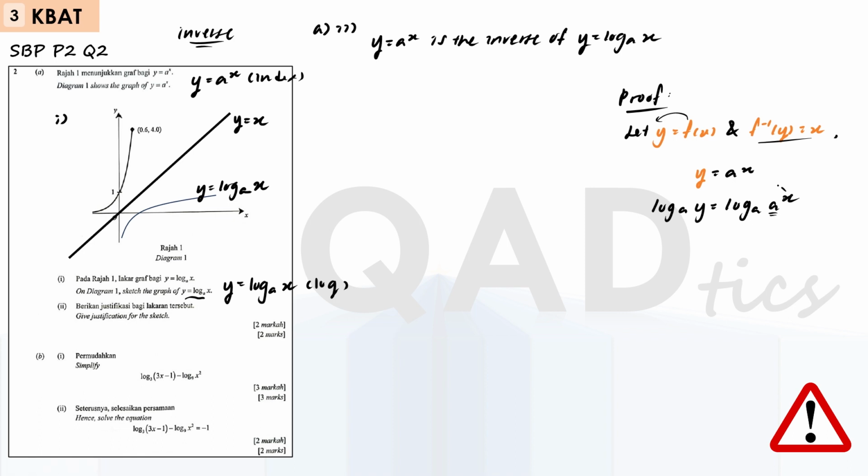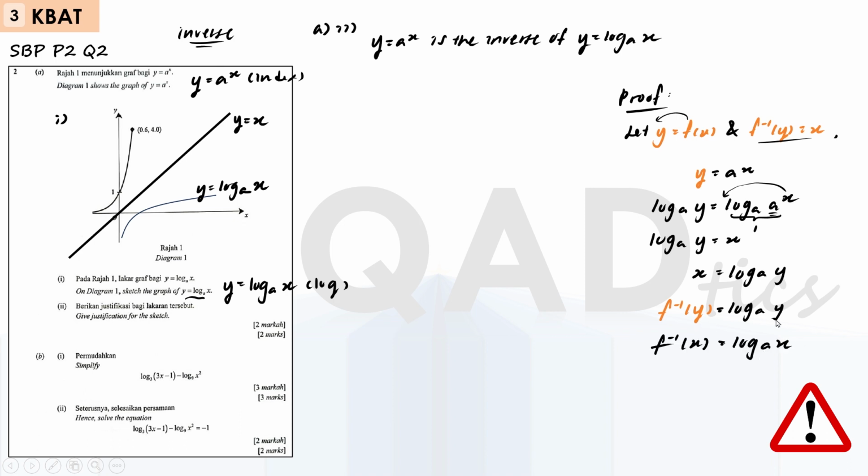So what I can do is pull this x to the front, this value will become 1. Okay, and we'll get this one, and then we use the second let, substitute x with f inverse of y. And for all the y's, let's change it to x, and you can see that this is actually the same as this. So this proves that this equation a power of x is inverse of this. Alright?